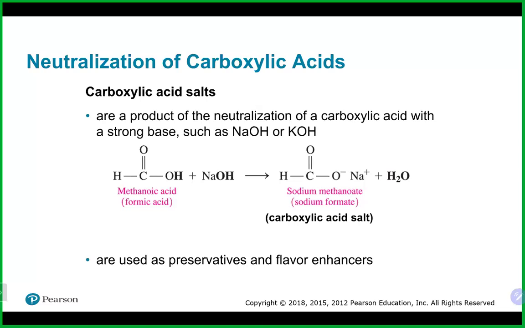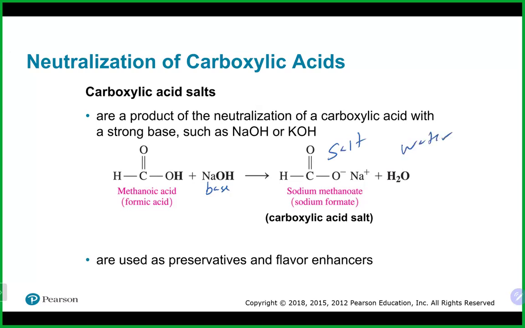Now, because it's an acid, in addition to the Bronsted-Lowry definition, it could also do just a regular old acid-base reaction. So we could take our acid here, like methanoic acid, and our sodium hydroxide, which is a base. And if you remember, when you take an acid and a base together, you make a salt and water, right?